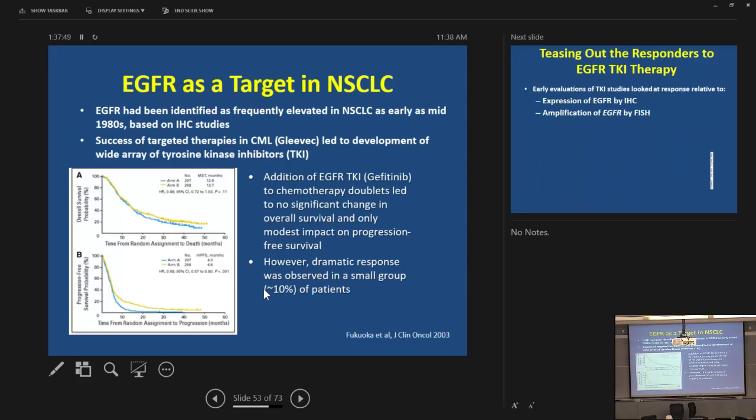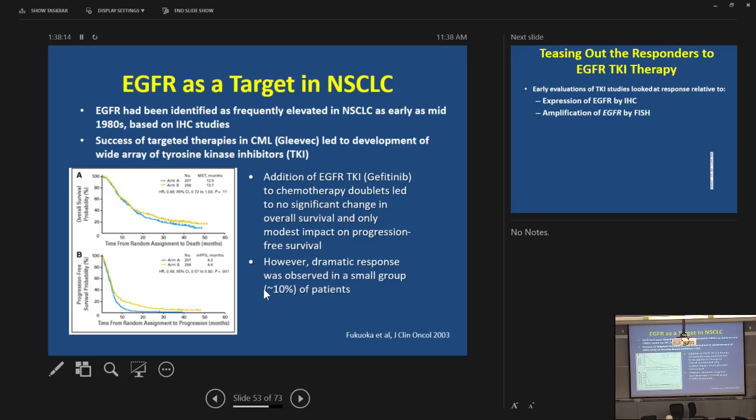When it first came out, of course, like we do with everything, we said, let's just add our TKI to chemo and treat them, right? Because TKI and chemo, more drugs better, kill cancer, yay. So what we saw when we added the TKIs to the chemo, what happened to patients? Did they have a better or worse outcome? They had a worse outcome, right?